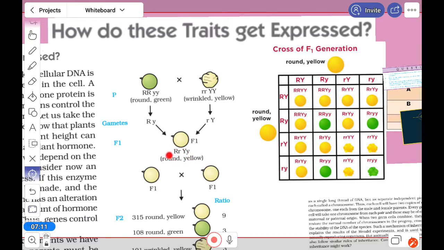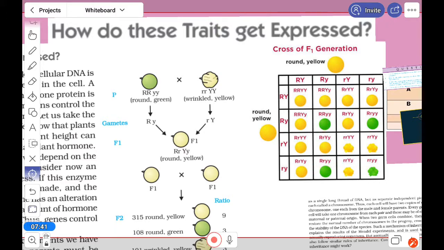If this gene, round and yellow, or any other, mixed or formed some new thing, that is not there. We are getting the expression according to dominance and recessiveness, and after that we are getting all the possible varieties.